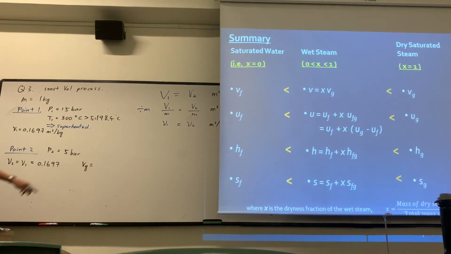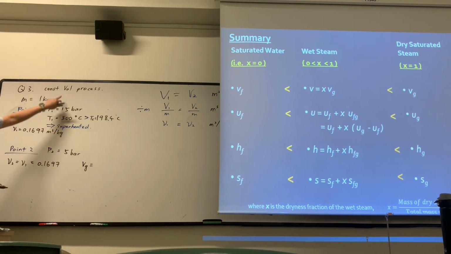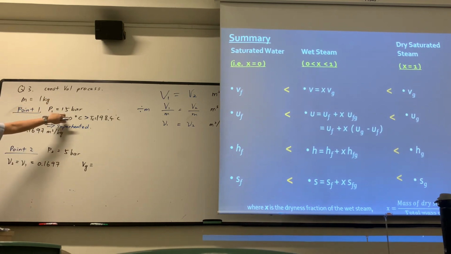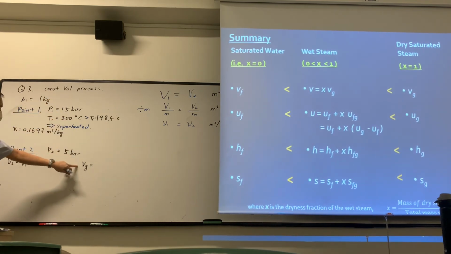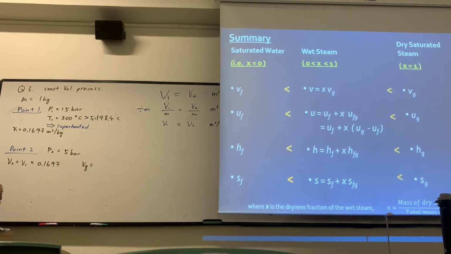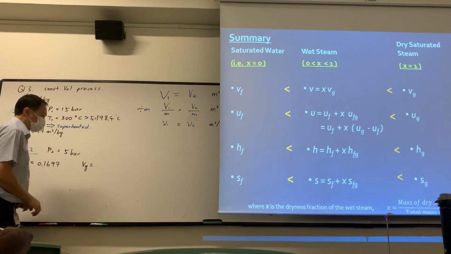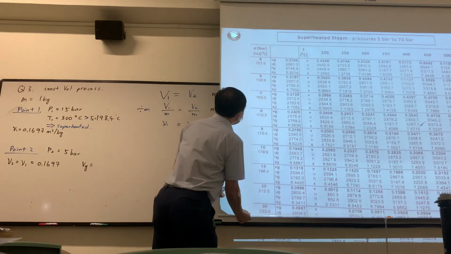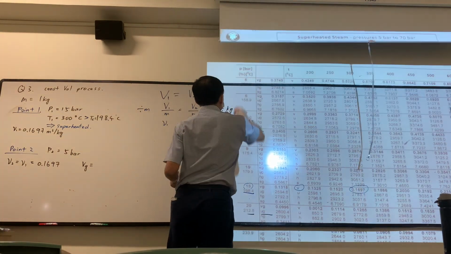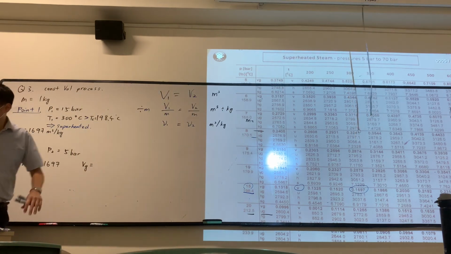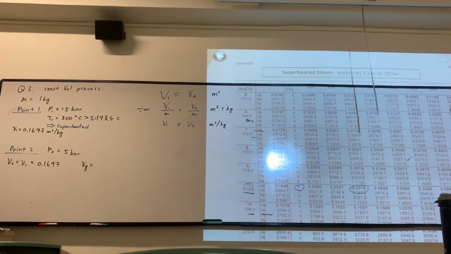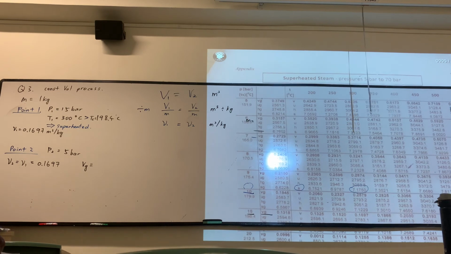So I check versus the Vg. Vg at 5 bar, not 15 bar. I'm talking about 0.5 bar now. So let's look at Vg at 5 bar. You can find Vg at 5 bar from two locations.